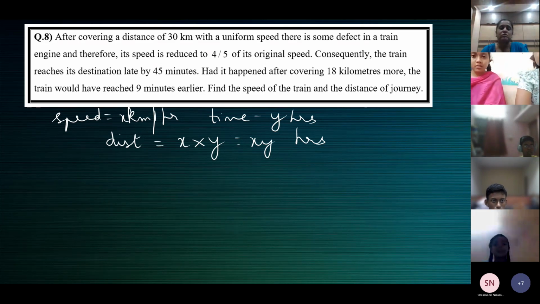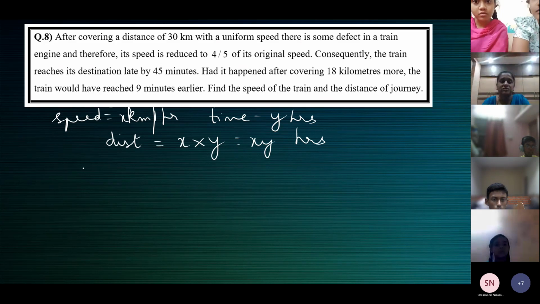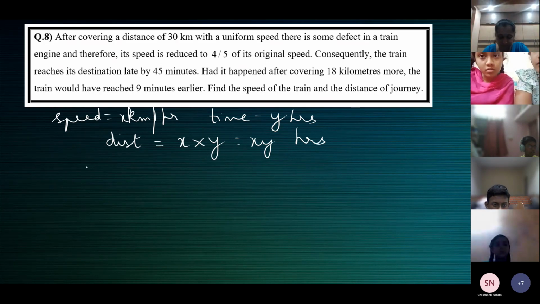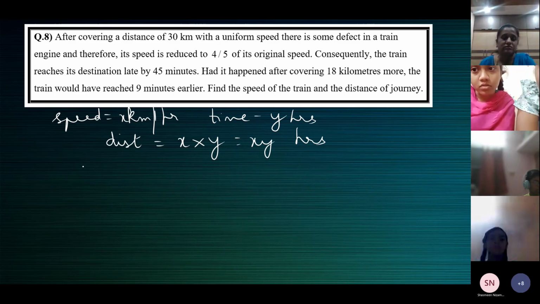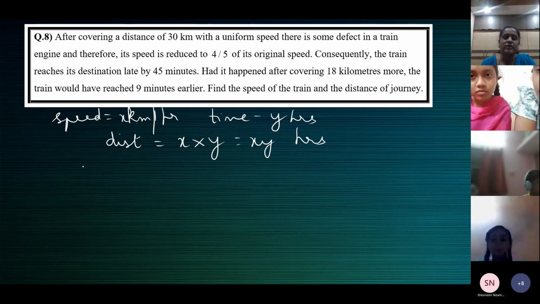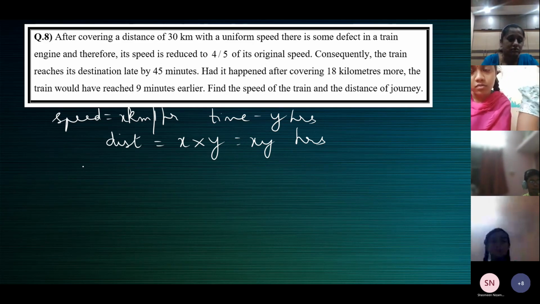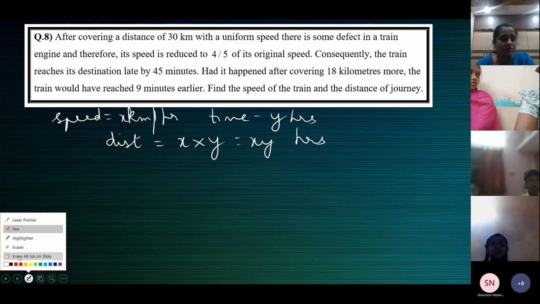All right. So this distance of 30 kilometers is covered with the usual speed or reduced speed? Usual speed, ma'am. What is the total distance? xy kilometers.